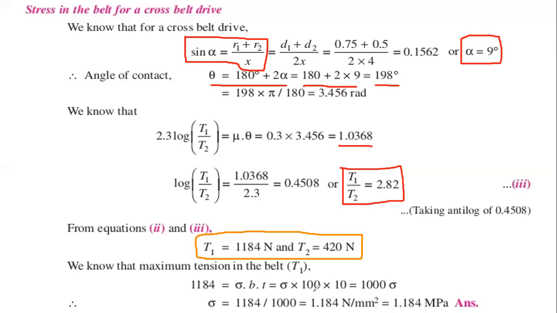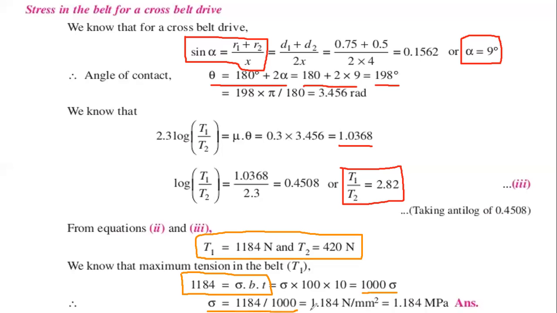So the maximum tension in the belt is T1 equal to sigma into B into T. T1 is 1184 newtons, and we have to find the sigma value. 1184 is equal to 1000 sigma. Taking sigma on the left side, sigma is equal to 1184 divided by 1000.